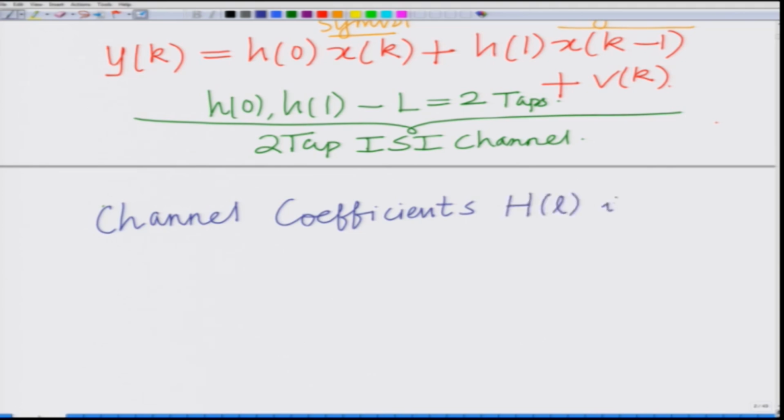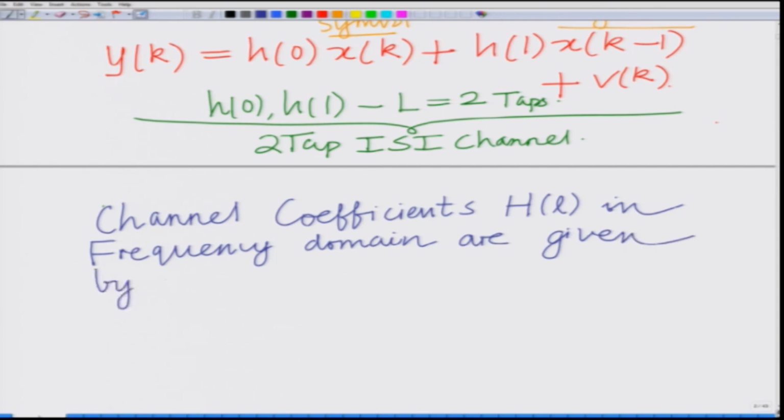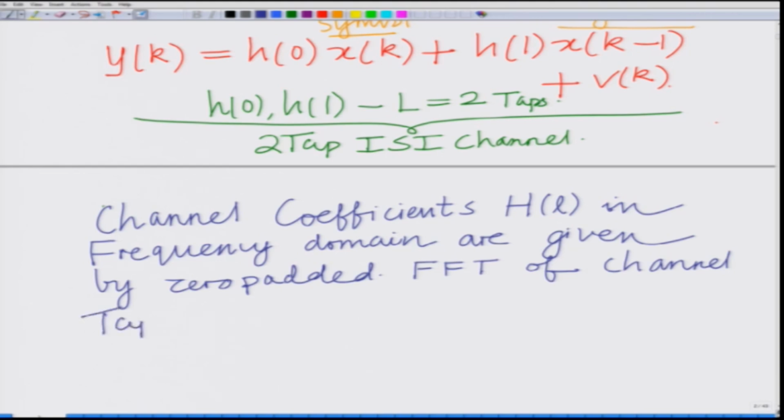Channel coefficients HL in frequency domain are given by the 0 padded FFT of your channel taps in the time domain. Okay.